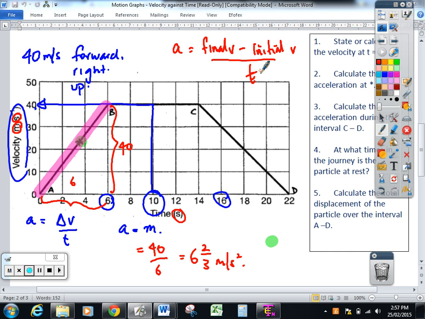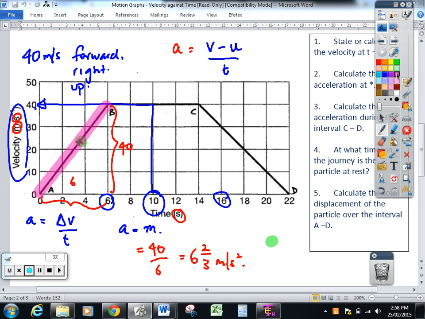So we do. For final velocity, you're just going to use V. Initial velocity, we're going to use the other letter that maths loves, it talks about calculus, U. So this acceleration is going to now be called V, final, minus U, initial, over T.